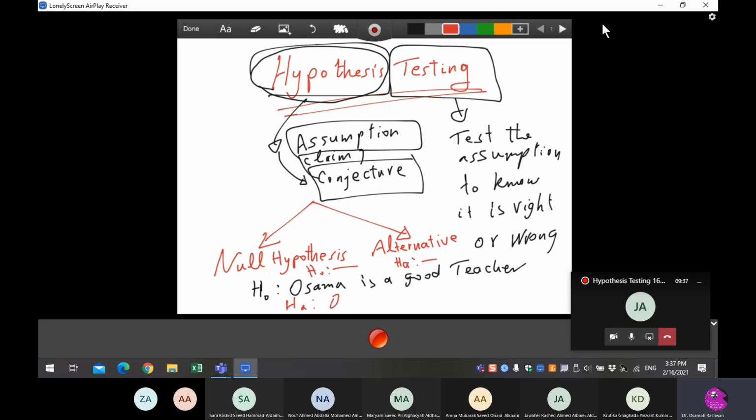So I'm saying Osama is not a good teacher. So what are you going to do to test this one? This is a claim, and you would like to test it.